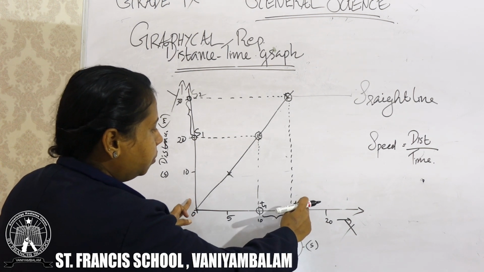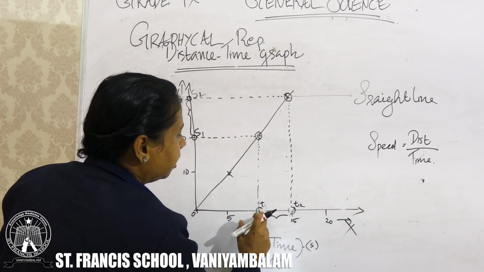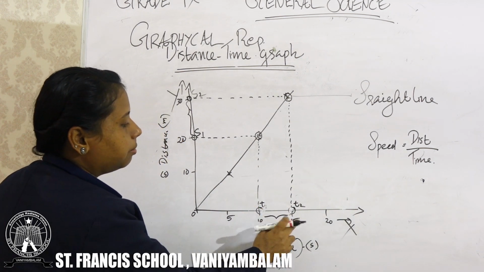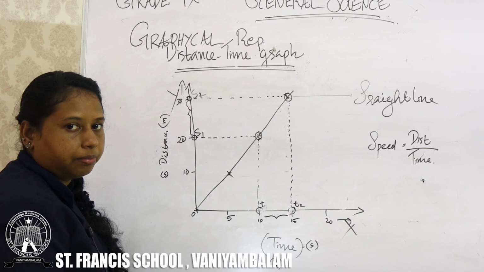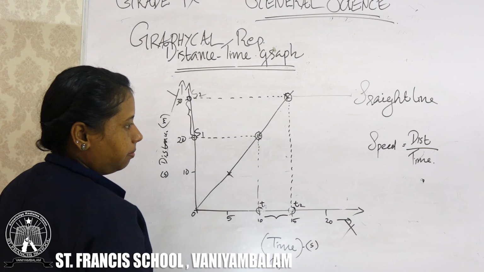So T2 minus T1 will give this time interval.